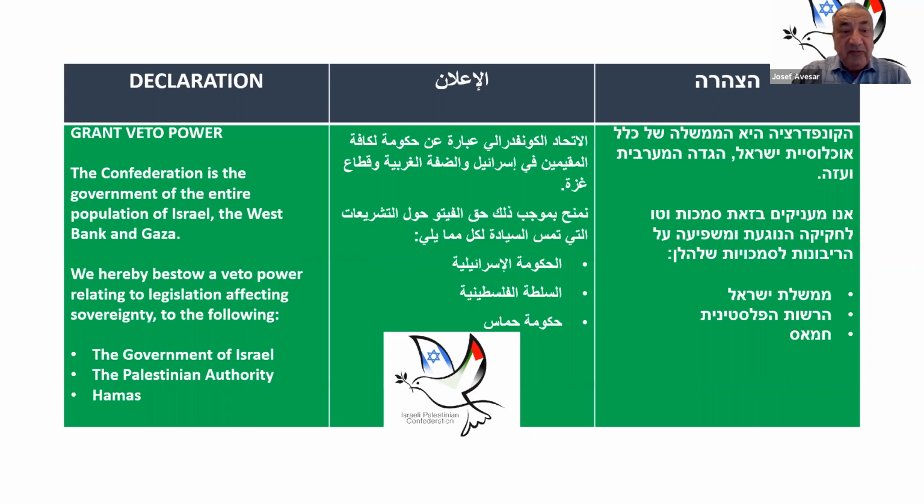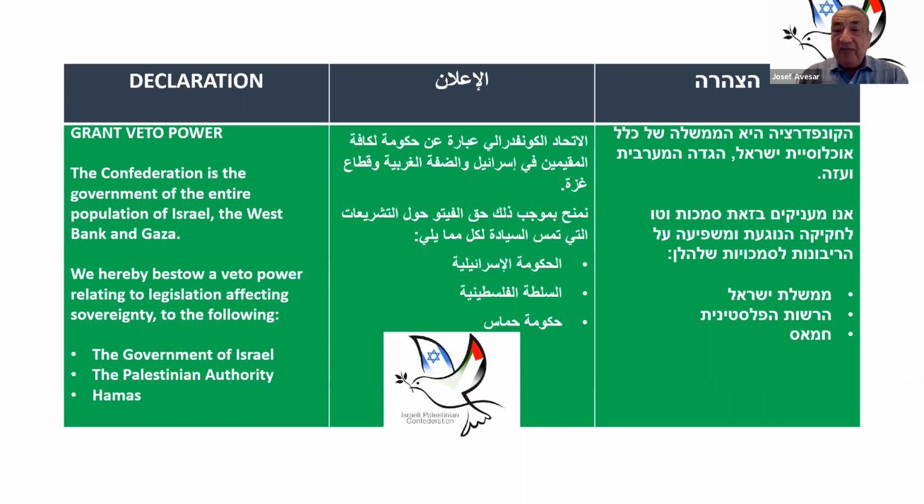So the Confederation is the government of the entire population of Israel, the West Bank, and Gaza. We hereby bestow a veto power relating to legislation affecting sovereignty to the following: the government of Israel, the Palestinian Authority, and Hamas. We decide on our own to give them a veto power.